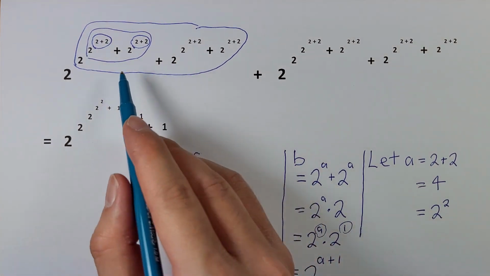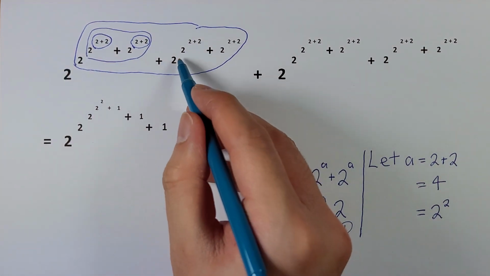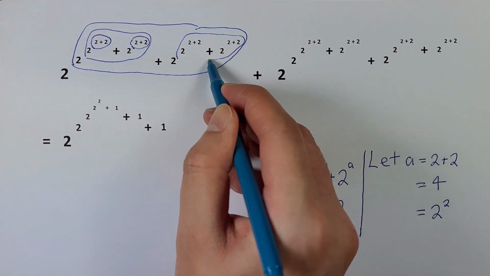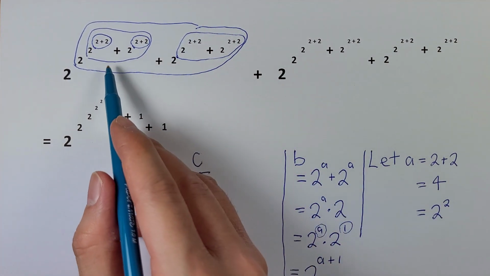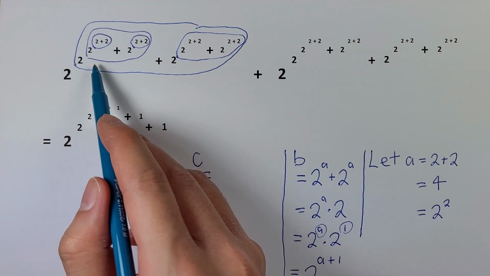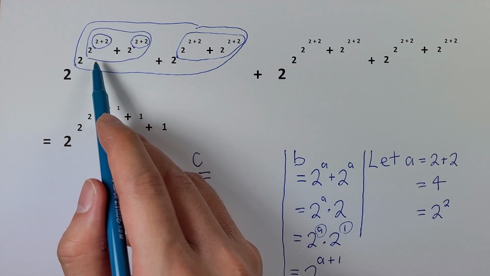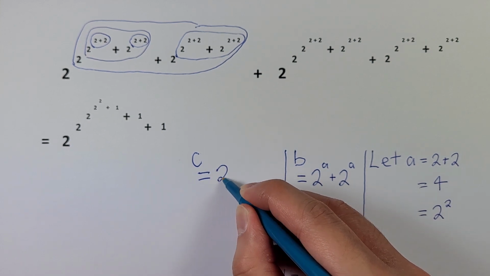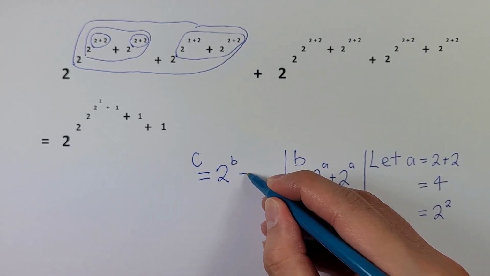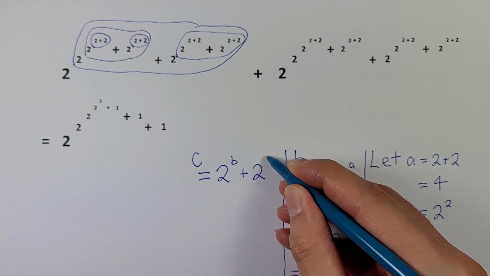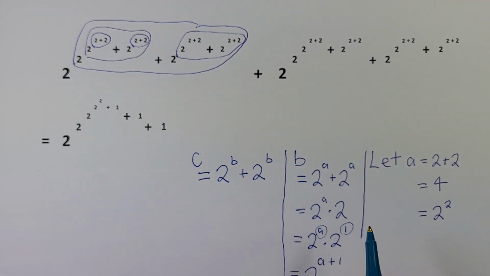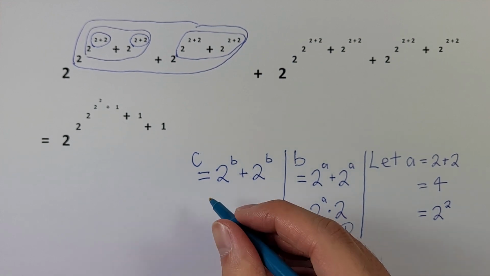Notice here, if I look at c itself, that this exponent is the same as this exponent here, which is what b is. So I can rewrite c like this: c equals 2 to the b plus 2 to the b. Since these numbers are the same, I can do the same thing I did in this column over here.